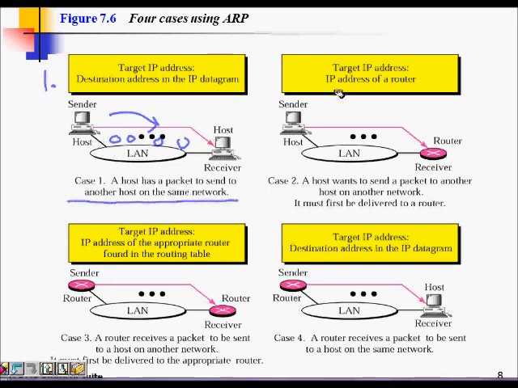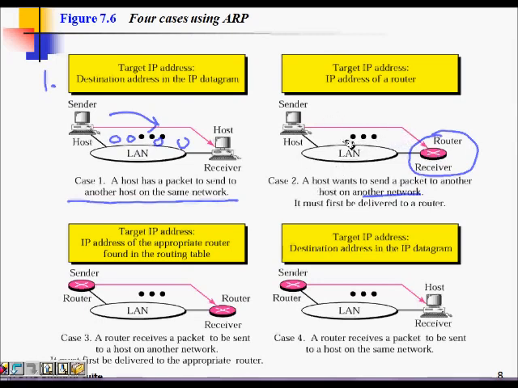Next, a host wants to send a packet to some other network. If you are sending to another network, it must pass through the gateway router, and to send it to the gateway router I also need to know the MAC address of that particular router, on the port to which I am connected.